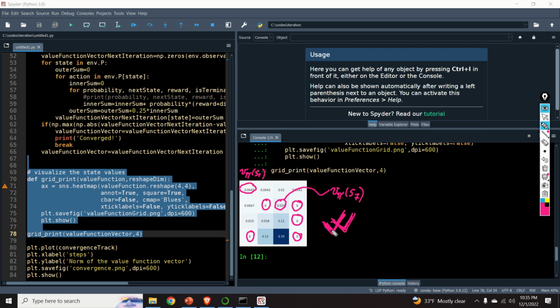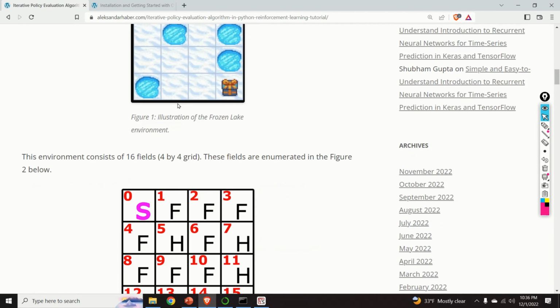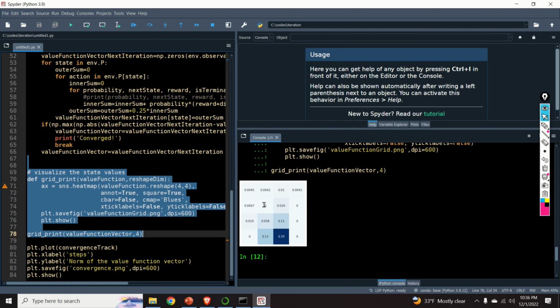Consequently, we have accurately implemented the algorithm, since we can see over here that the value functions in terminal states are 0. And you can simply verify that these states are actually terminal states by going back to our graphical representation and by looking at the structure of the frozen fields and the hole fields. Obviously, here we have a terminal state, here we have a terminal state, and these three states are the terminal states, and this corresponds to our results.